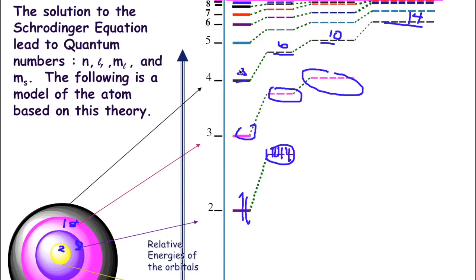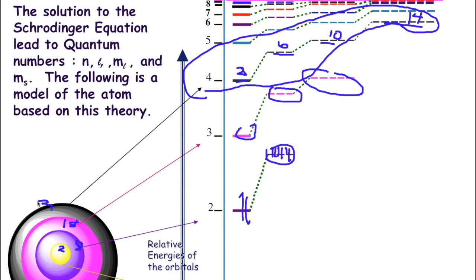So you can see that in the fourth shell right here, we can put a total of 14 plus 10 is 24, plus 6 is 30, plus 2 is 32 electrons. 32 electrons can fit in here. So now you can see how complicated an atom is.